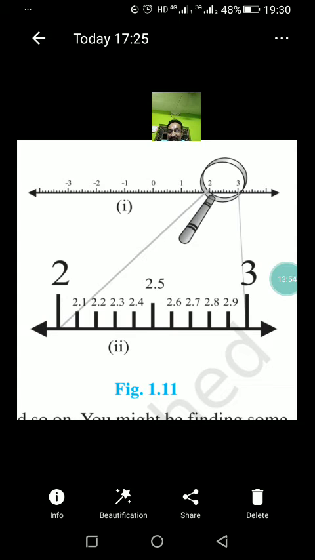Suppose we divide this into 10 equal parts and mark the points of division, just like you are given on the screen figure. Then the first mark to the right of 2 will represent 2.1, the second 2.2, and so on. You might find some difficulty in observing these points of division between 2 and 3.